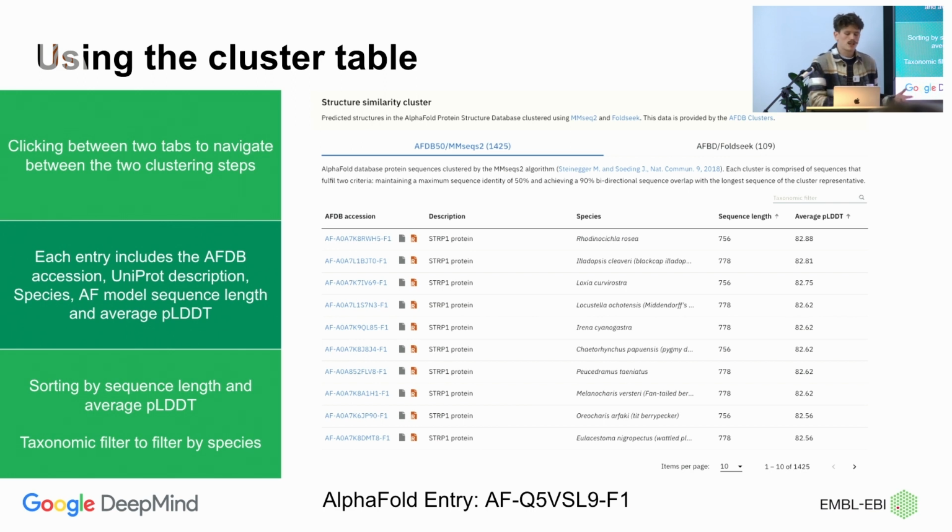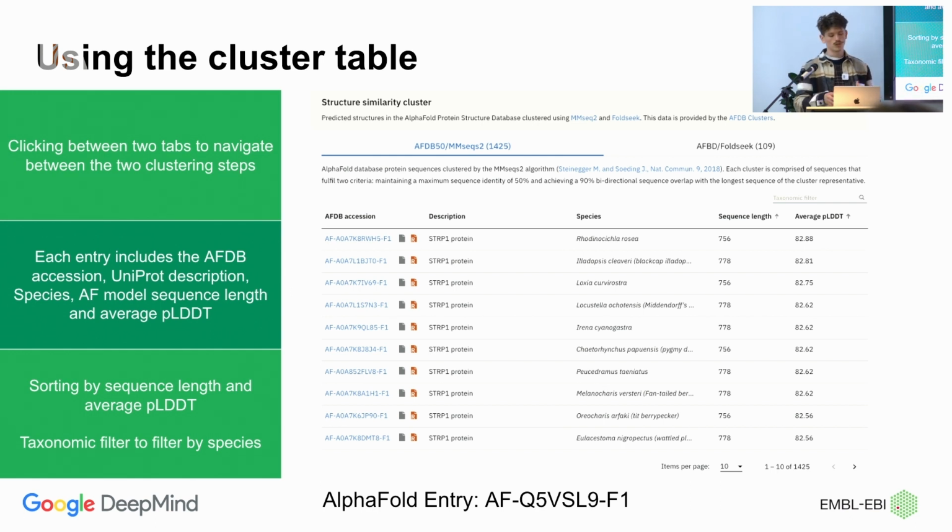So let me walk you through what you can do with this table. As I showed you, you can navigate between these two tabs to look at different levels of homology. Every row that you see in the table is a single entry. You can see the AFDB accession, the description of it, the species associated with it, and the sequence length and average PLDDT.